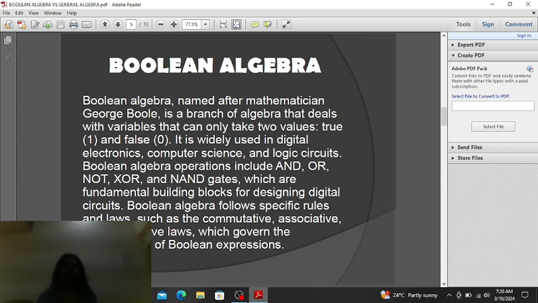Boolean algebra operations also include the AND, OR, NOT, XOR, and NAND gates, which are the fundamental building blocks for designing digital circuits. Boolean algebra also follows specific rules and laws, such as commutative, associative, and distributive laws, which govern the manipulation of Boolean expressions.